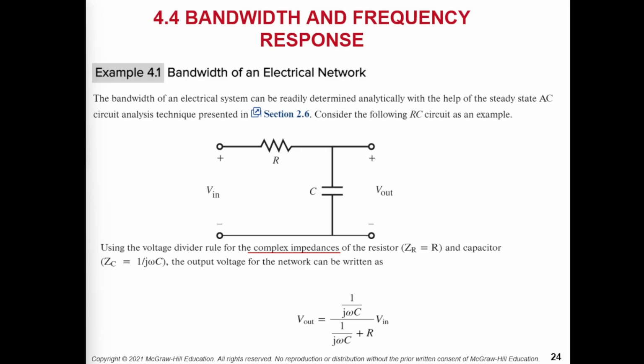So in chapter 2, we learned the impedance of the capacitor and also the inductor. If you remember, the impedance of the capacitor is 1 divided by j omega C. Of course, we can move the j from the denominator to the numerator, so it becomes minus j divided by omega C. And the proportion is the impedance of the capacitor to the overall equivalent impedance.